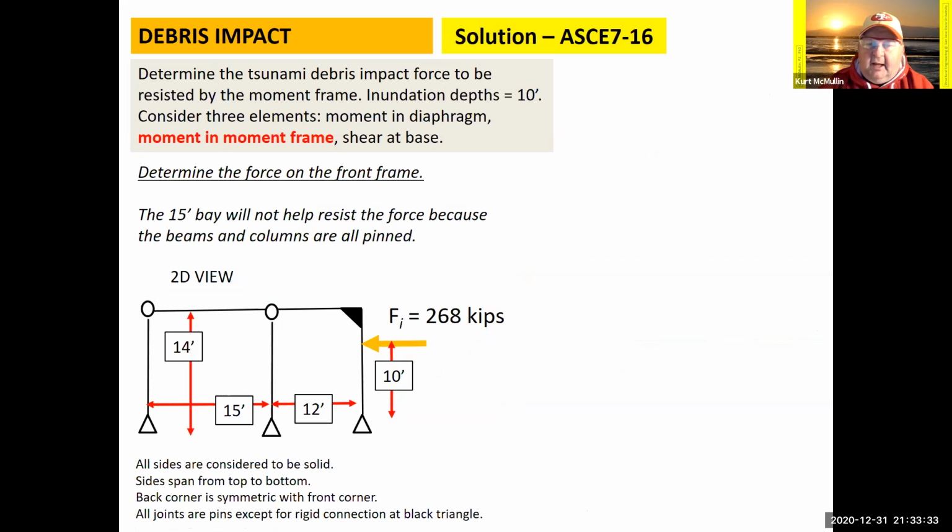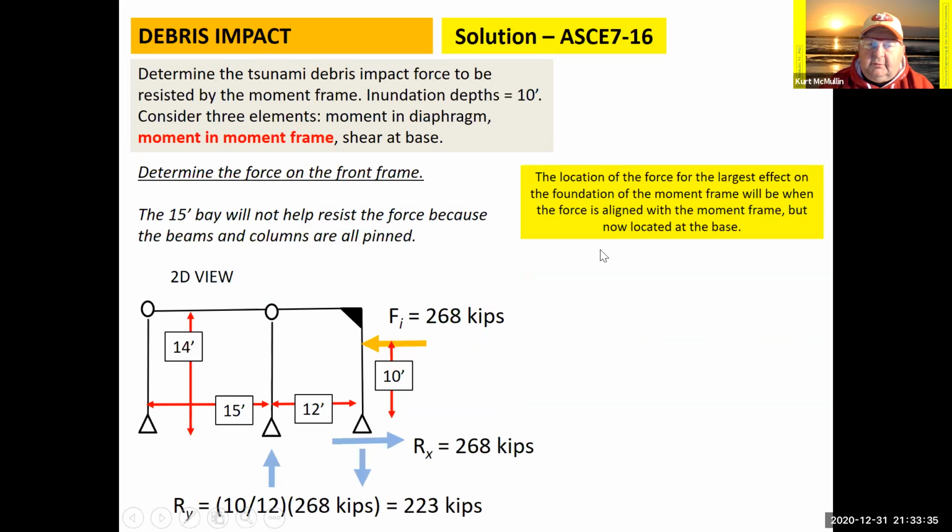Now I can analyze this moment frame with simple statics. Since I only have one beam rigidly connected to the column, this is the only column that can resist shear. I can determine the couple to resist the overturning moment.